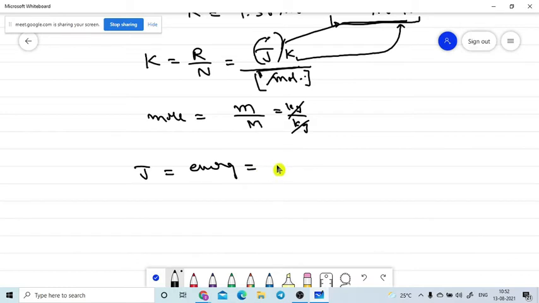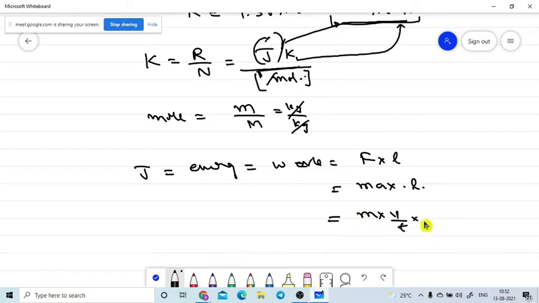Energy is nothing but work. Work is force into displacement. Force is mass into acceleration, and acceleration is velocity by time, into length.